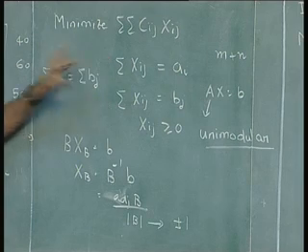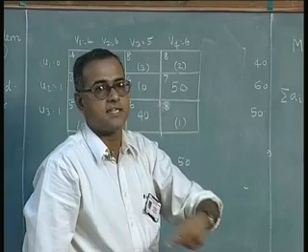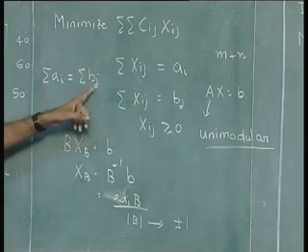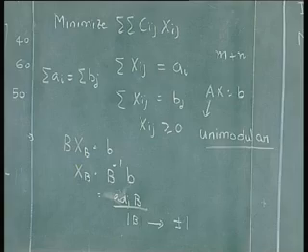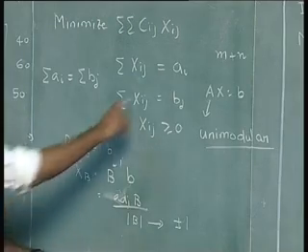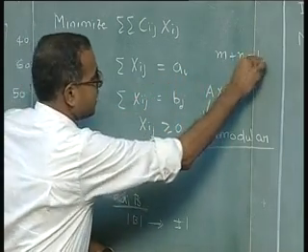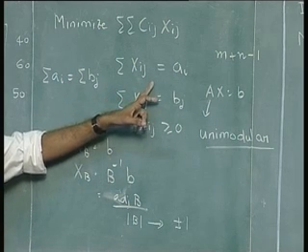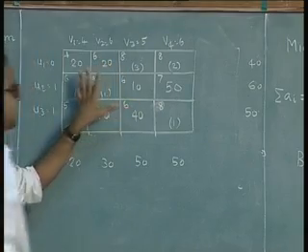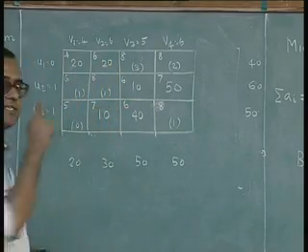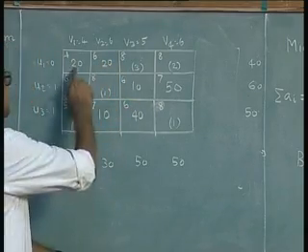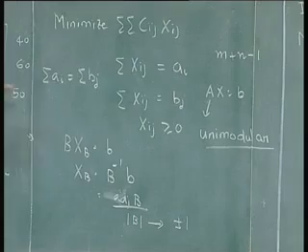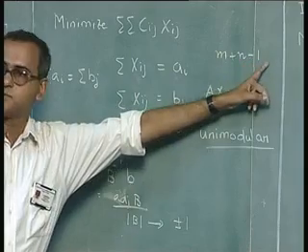Now the transportation problem therefore will be a degenerate linear programming problem because of this sigma ai equal to sigma bj. And because of the linear dependency, we realize that we actually have only m plus n minus 1 independent variables for the transportation problem, and that is why in this transportation table we have exactly m plus n minus 1 basic variables, 1, 2, 3, 4, 5 and 6. m plus n minus 1 is 4 plus 3 minus 1, which is 6.